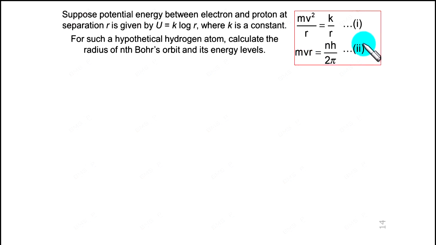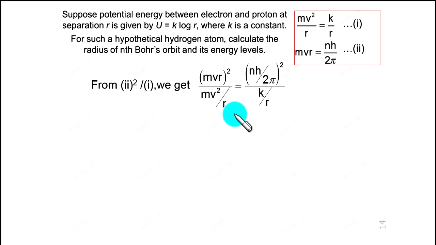We can square equation number 2 and divide this squared equation by the first equation. This will be like this. Here we can observe this v square and v square will get cancelled and this r and r will also get cancelled, right?